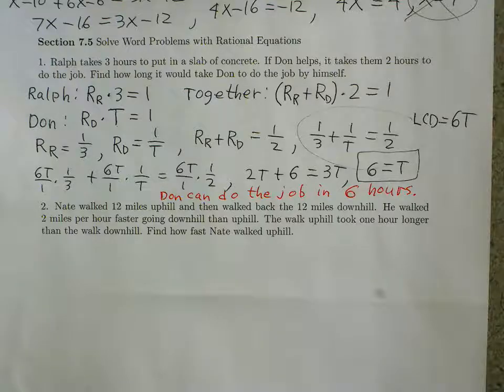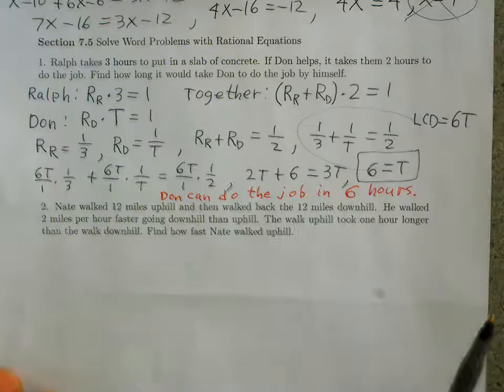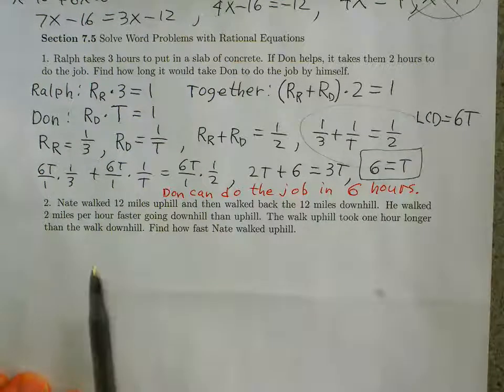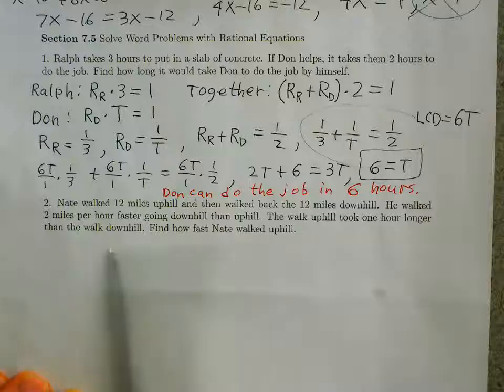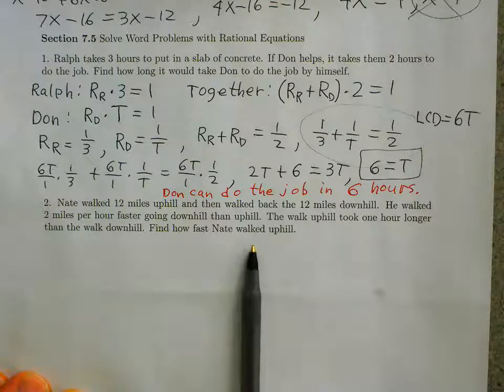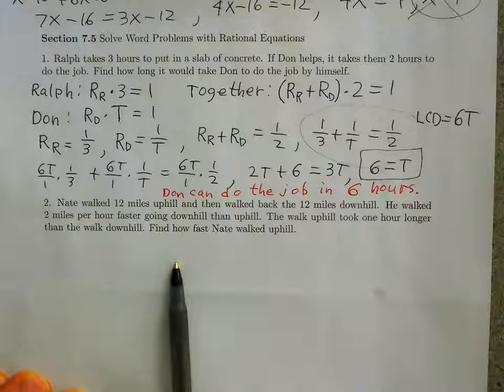So rate times time equals distance, or some variation of rate times time equals distance, like rate equals distance divided by time, or time is equal to distance divided by rate. So whichever one of those three equivalent equations is needed, those we will use.